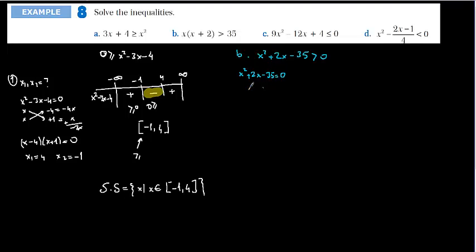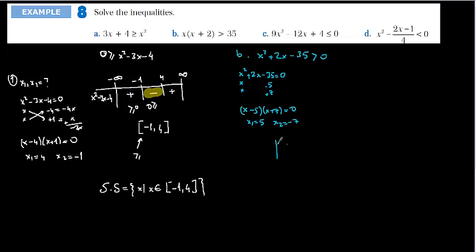Let me find when it's equal to 0. 5 and 7 are the factors: plus 7 and minus 5, because the sum is 2 and the product is minus 35. Then x minus 5 times x plus 7 is equal to 0. x1 is equal to 5 and x2 is equal to minus 7.